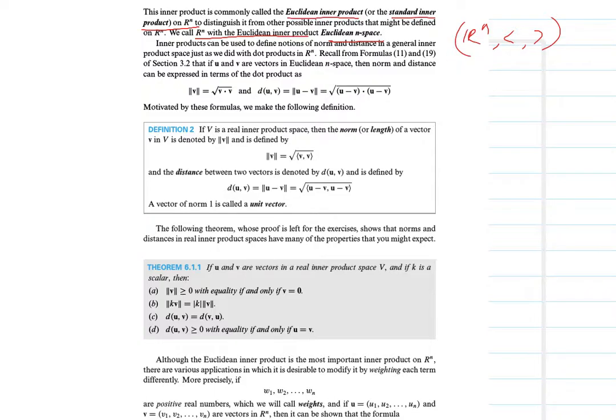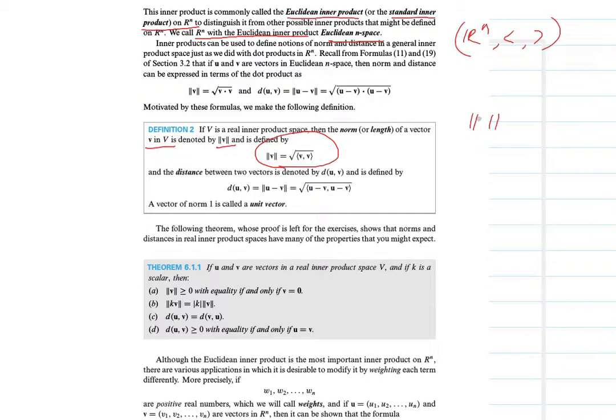Clear? Now we have some more definitions. First one is norm of a vector V. If capital V is a real inner product space, then norm of a vector small v in V is denoted by norm V. This symbol. This is the symbol for norm. And norm V is defined as root of inner product VV.